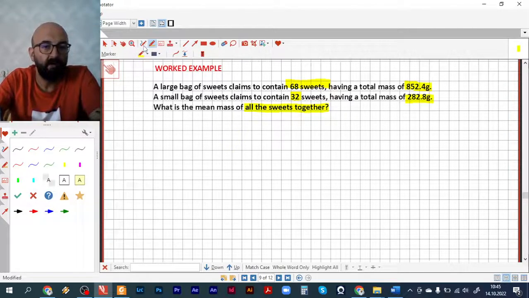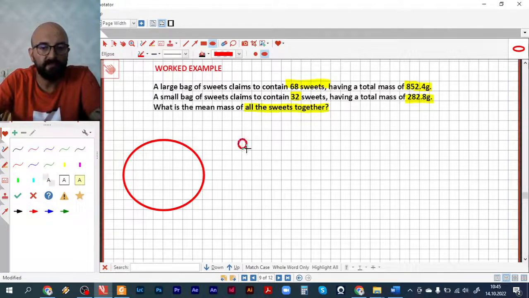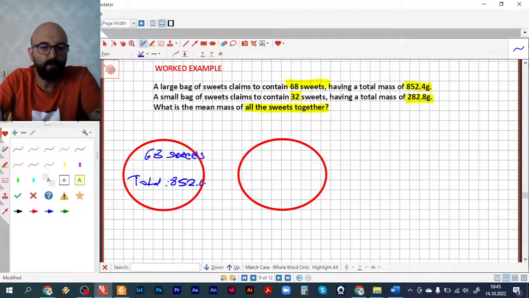Okay, now we have two groups, and the first group contains 68 sweets, and these sweets have a total mass of 852.4.